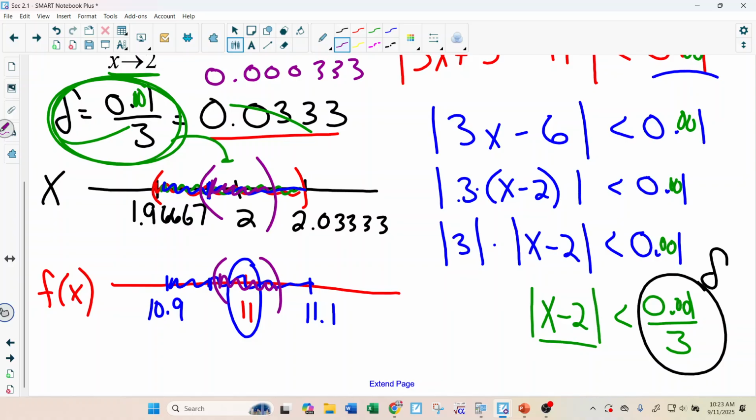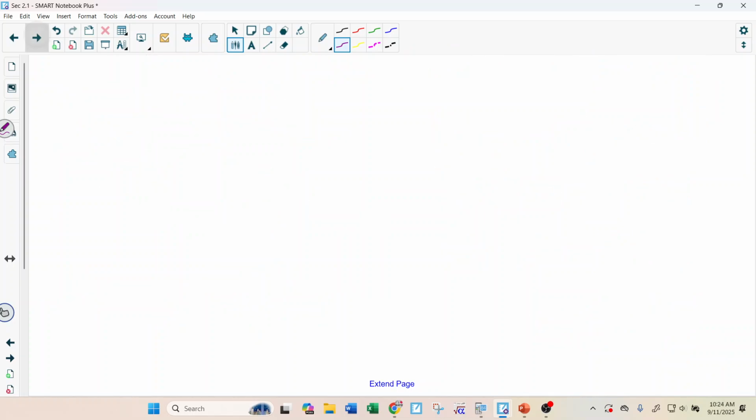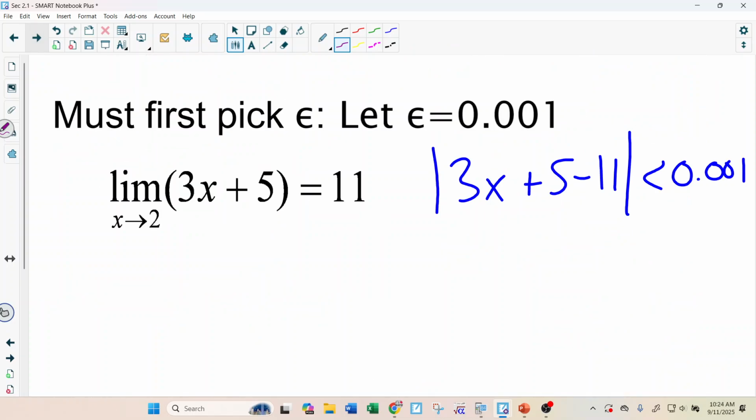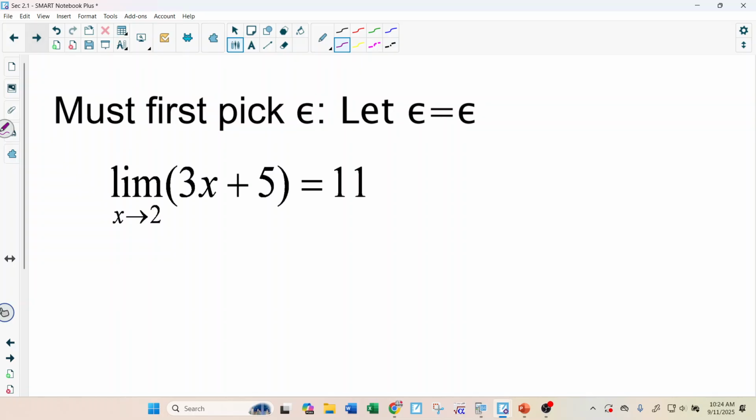So what we're going to do is that number doesn't really matter. So we're just going to do these by saying just epsilon, and find, for any epsilon, find delta. Okay?